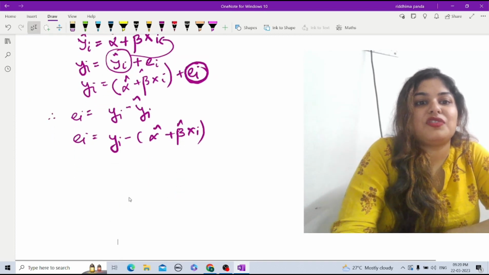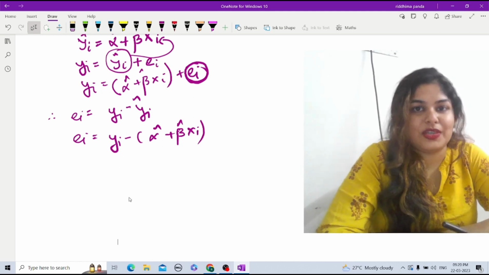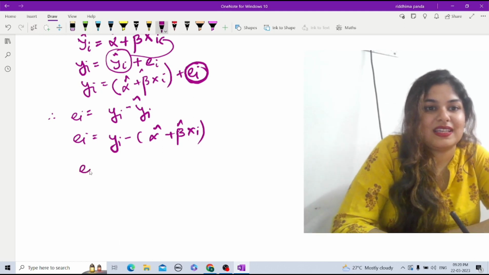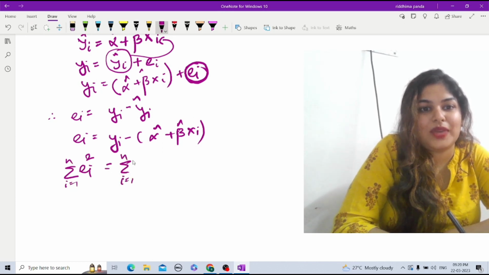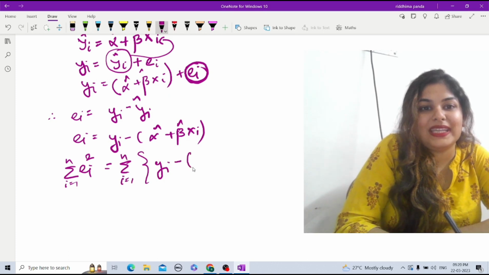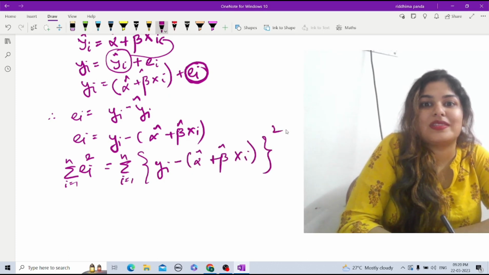Now I'm going to take the square and summation of this error term, that is summation of ei square, i equals 1 to n. So that becomes summation i equals 1 to n of (yi minus alpha hat minus beta hat xi) whole square.